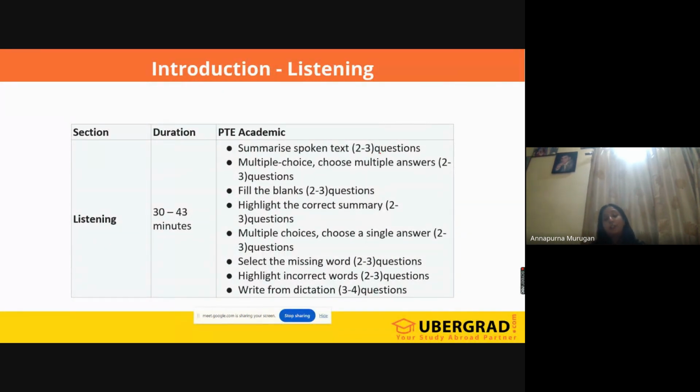Even if we practice, it is very easy to practice these things, which can give us the score. And the exam is not boring, because you have many varieties of questions here. So we can say that PTE is interesting, challenging, and easy to score.